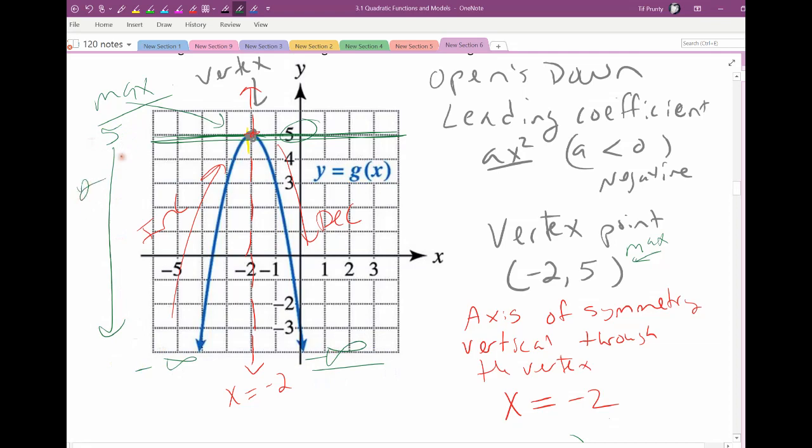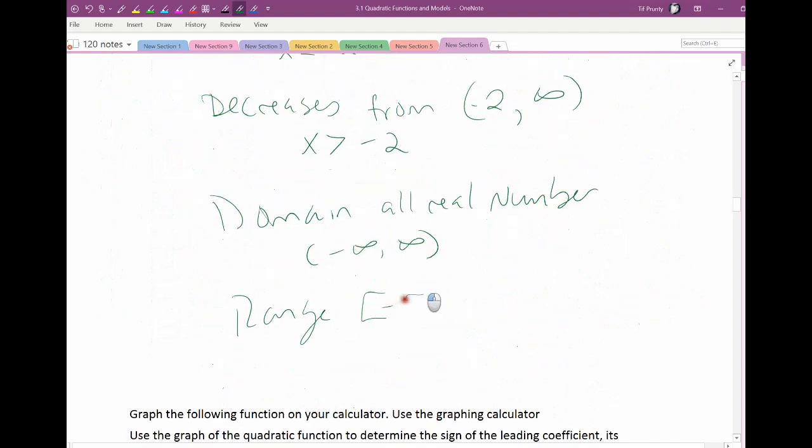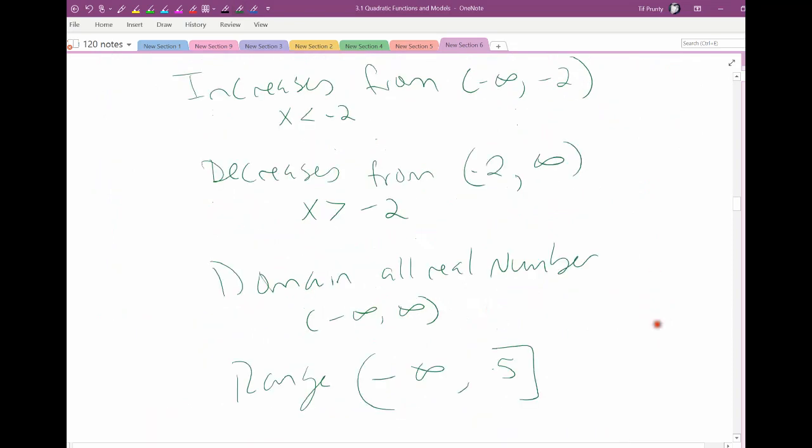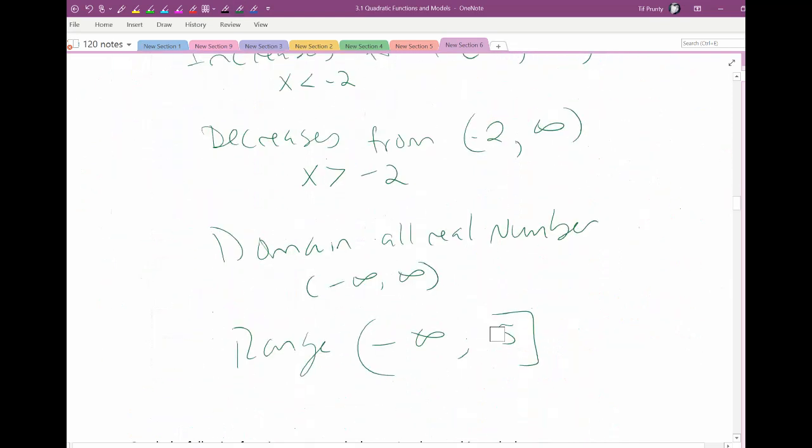So the range, my y values, goes from -infinity up to 5. The vertex exists at +5, so my function exists from -infinity to +5, and it includes +5, so we need a bracket there.